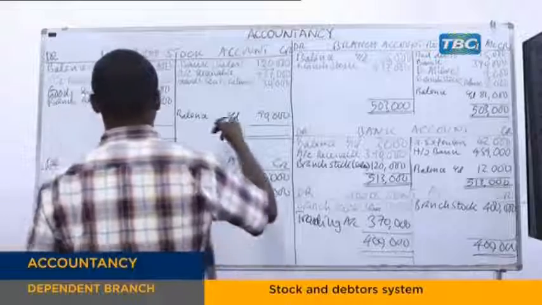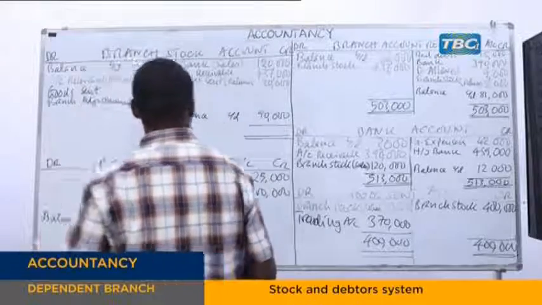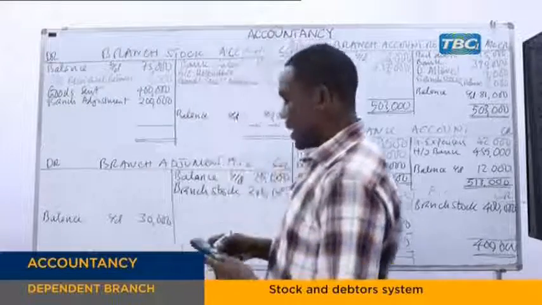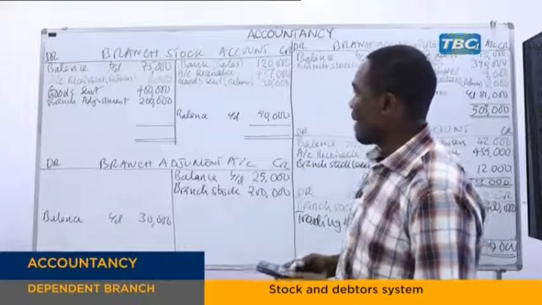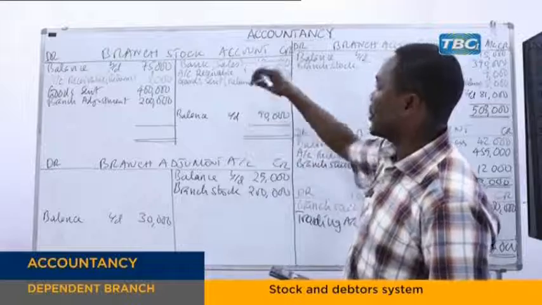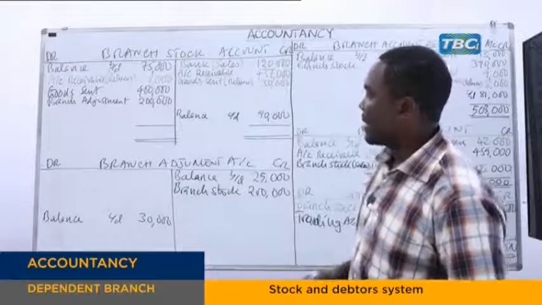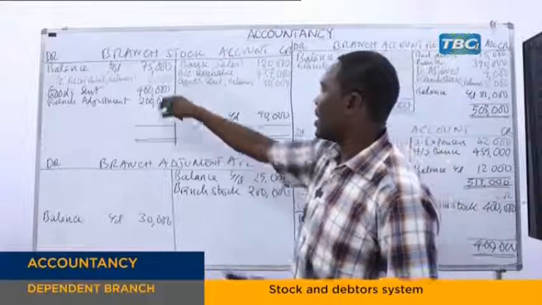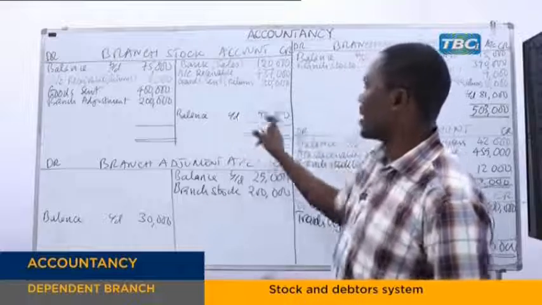What else? We need to balance this to get any deficiency if it is there. So far, because the items are shown at selling price, if there is any deficiency, of course, this side should be greater than this.